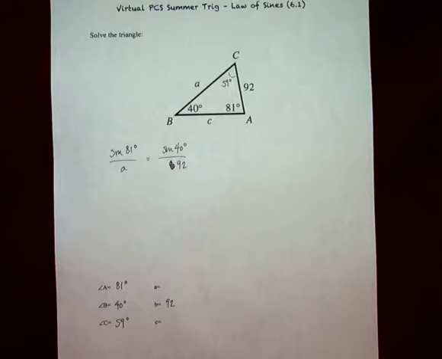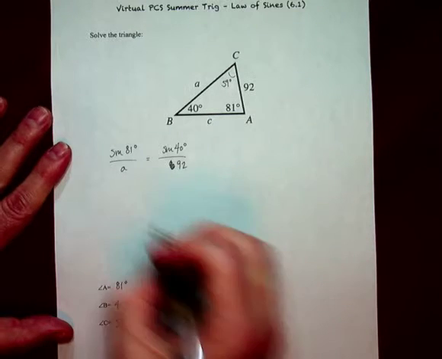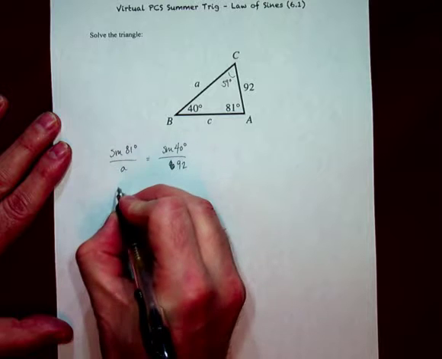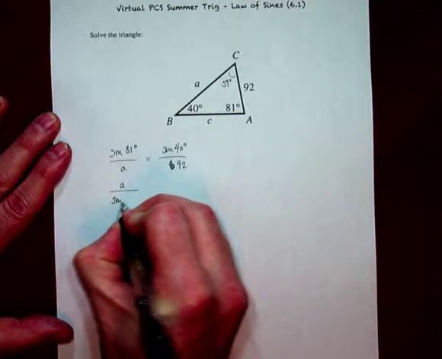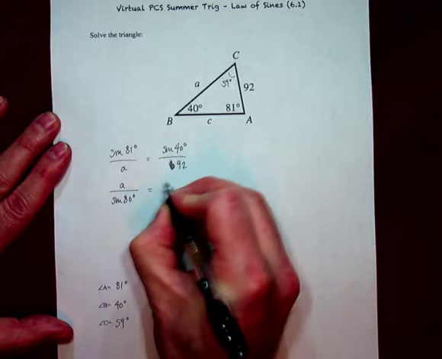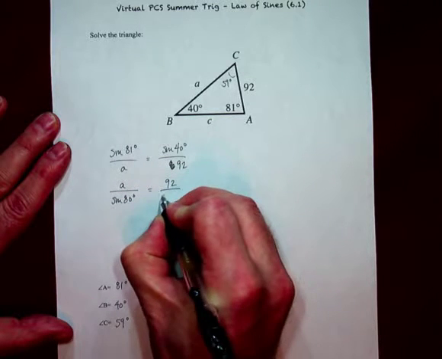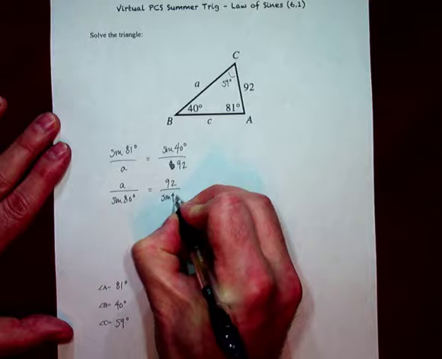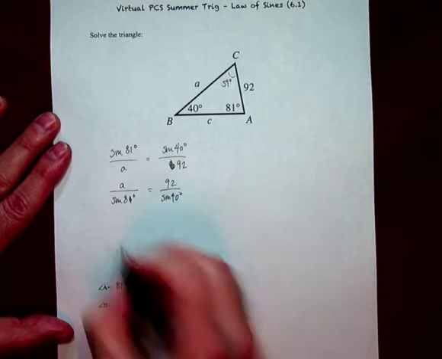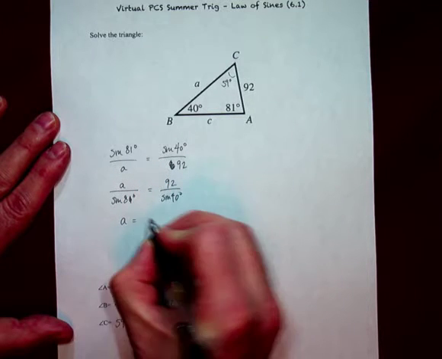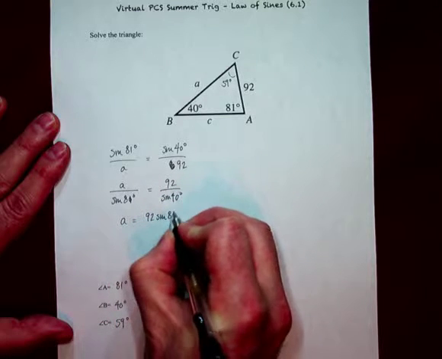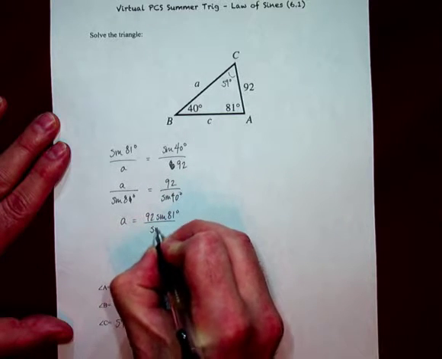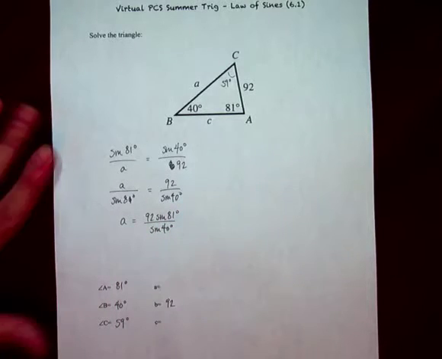Let's go ahead and cross multiply. The easier thing is you can reciprocalize these, and in doing so, A is equal to 92 sine of 81 degrees over sine of 40 degrees.